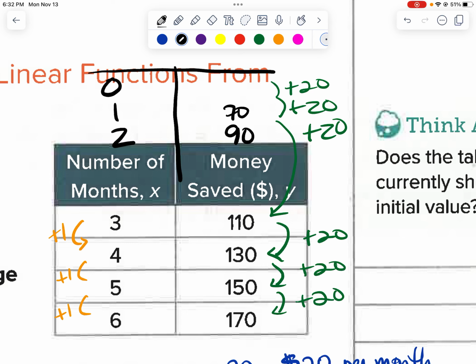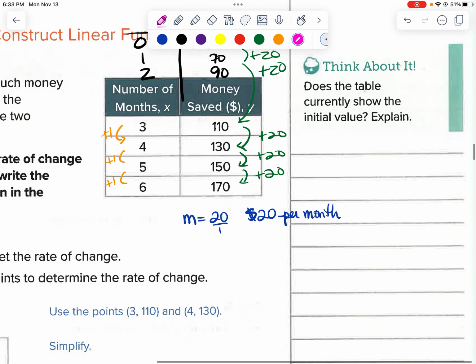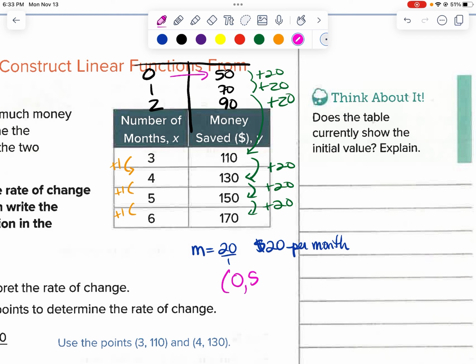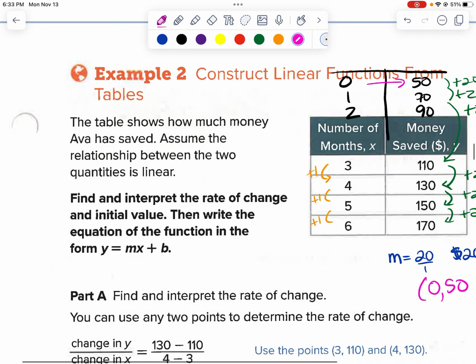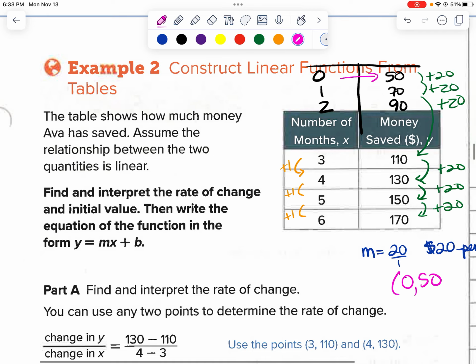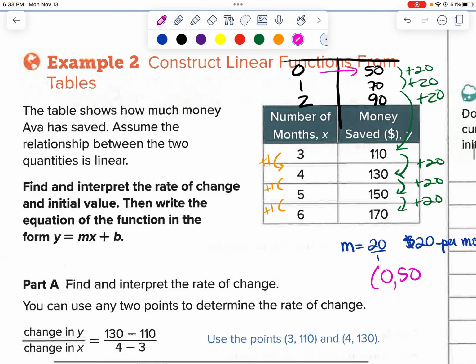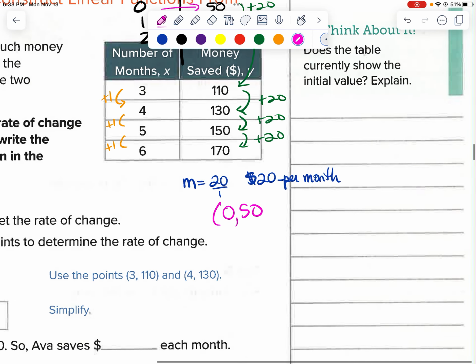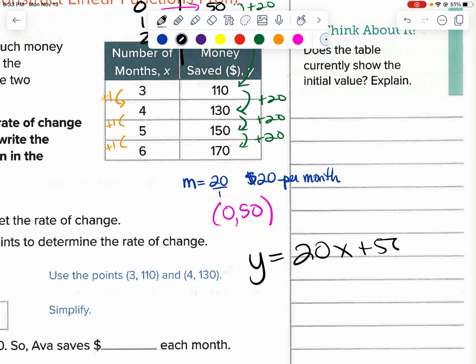What plus 20 gets 70? That would be 50. So this right here is my y-intercept. So my y-intercept is the point (0, 50). And what does that stand for? That stands for the amount of money she has saved. Okay, so now I'm going to write an equation. Y equals 20x plus 50.